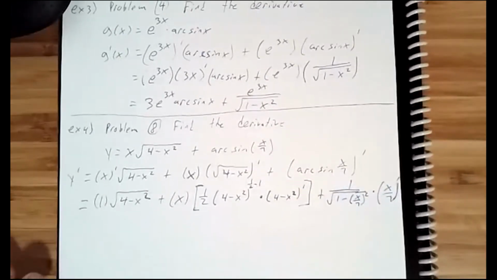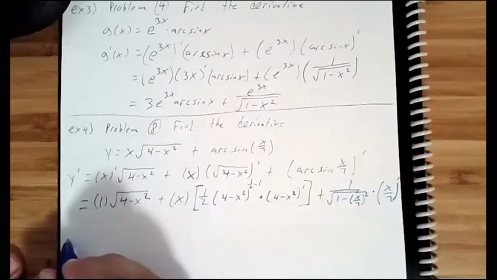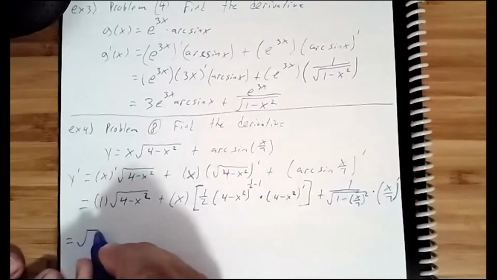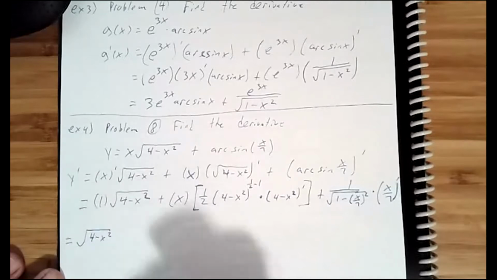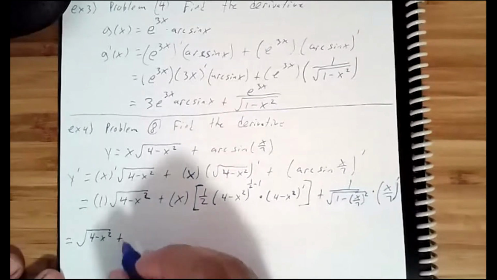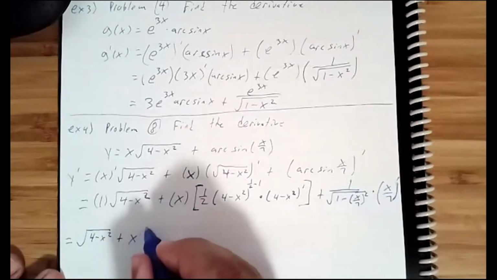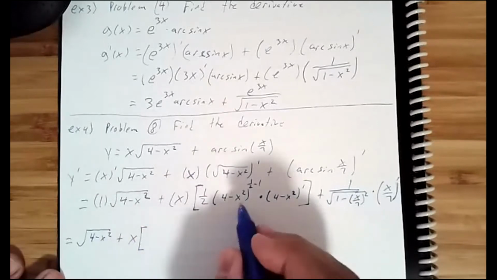All right, running out of space there. Let me simplify and make space. So this is square root of 4 minus x squared plus, I'll leave it the way it is here, the bracket.